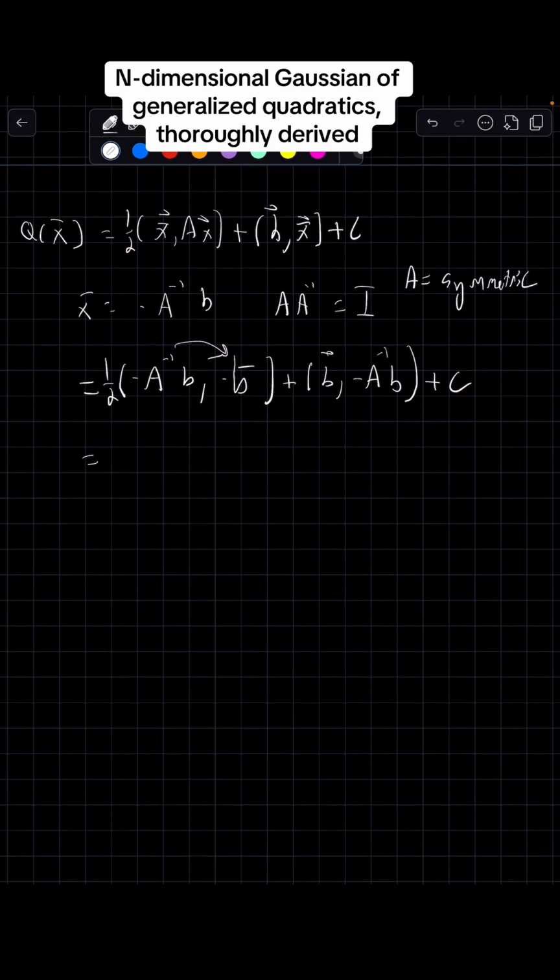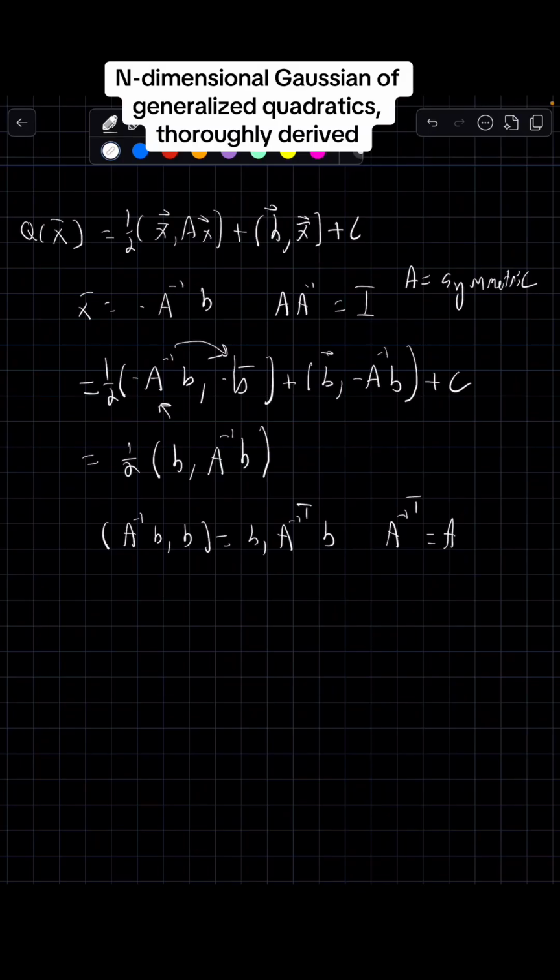Equals 1/2 b A inverse b, because since this is symmetric, A inverse b times b equals b A inverse transpose b. A inverse transpose equals A inverse. If A is symmetric, then A inverse is symmetric.